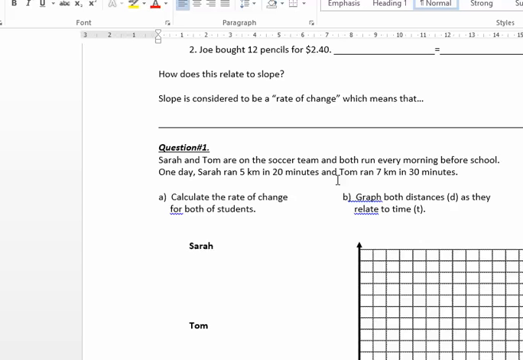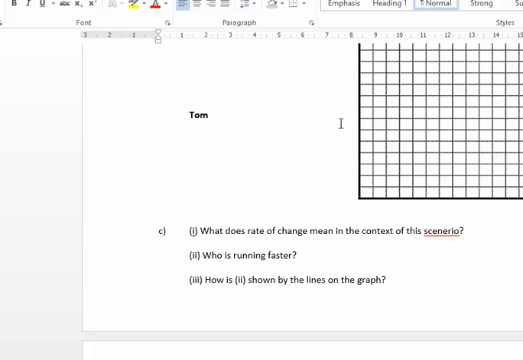Then we're going to find the rate of change for both students, and we're going to graph each one for Sarah and Tom. And then for part C, we're going to find what the rate of change means in this scenario.